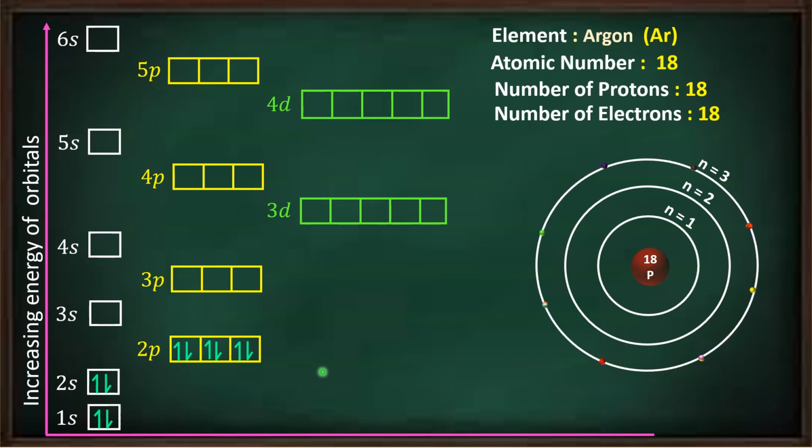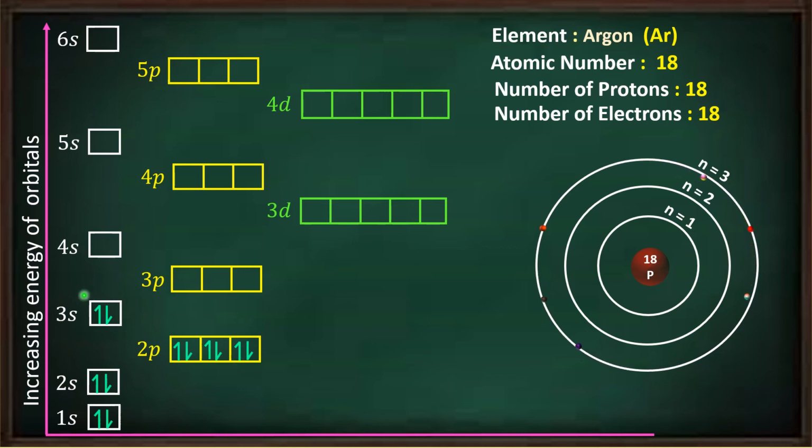Next, 11th electron enters into 3s orbital, isn't it? So 11th electron, say this one, enters into 3s orbital. Next, 12th electron pairs up with the previous electron in 3s.